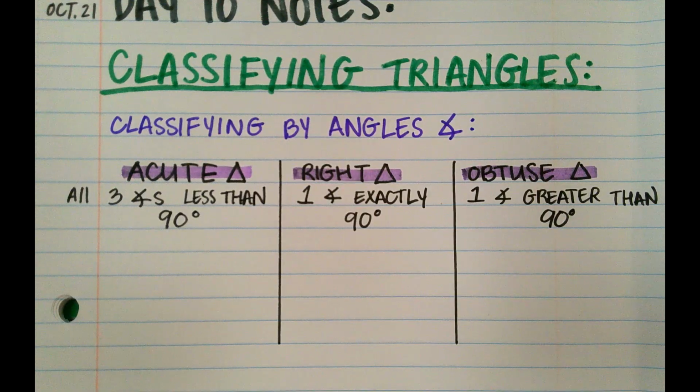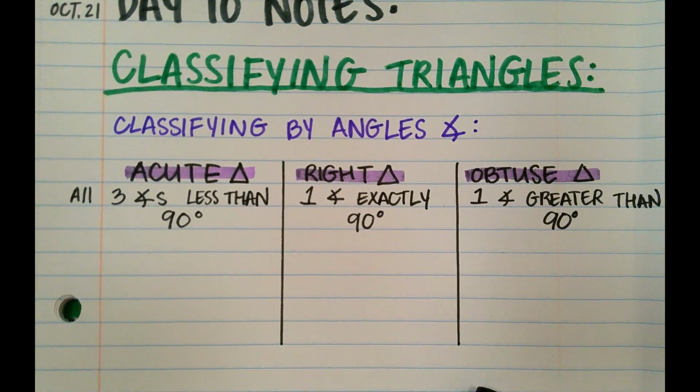Now, think about the angle measures in a triangle and what they add up to. Do you think there's such thing as a straight triangle? No. Why not? Anybody know? It would be a straight line. A straight line is 180 degrees.